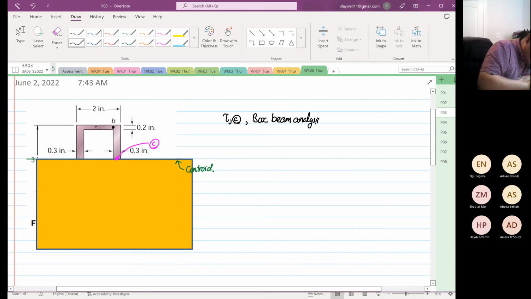It's because we have one terminal over there, then it splits into left and right. So this is a box beam. So we know that this is going to be 2Q, right? 1Q go to the left, 1Q go to the right. Okay. Then from here, we also know that the thickness at point C is 0.3 inch.